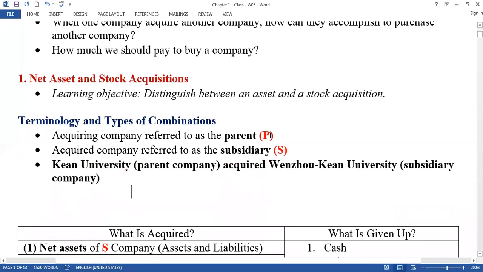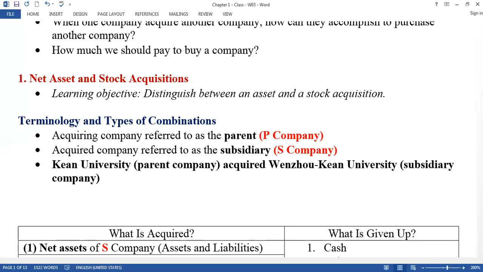Several times I will mention the P company. Maybe I will not mention parent company again and again. You should understand P means parent company and S company means subsidiary company.